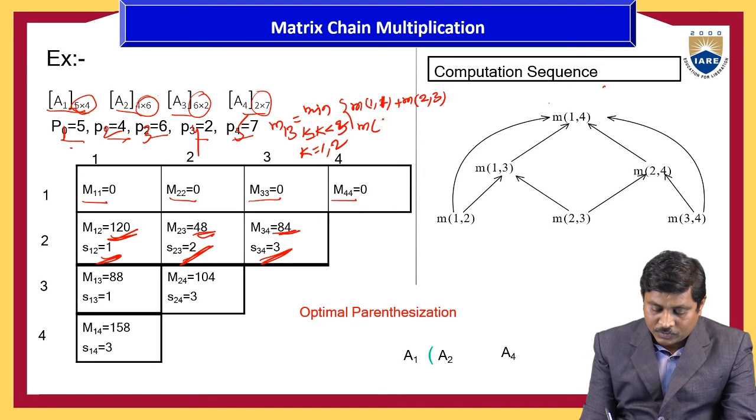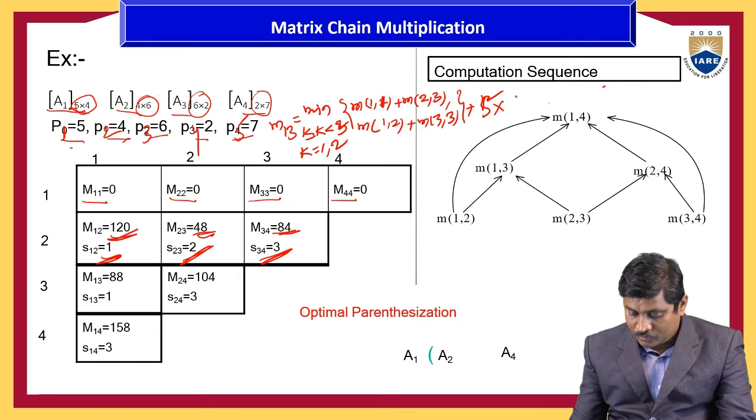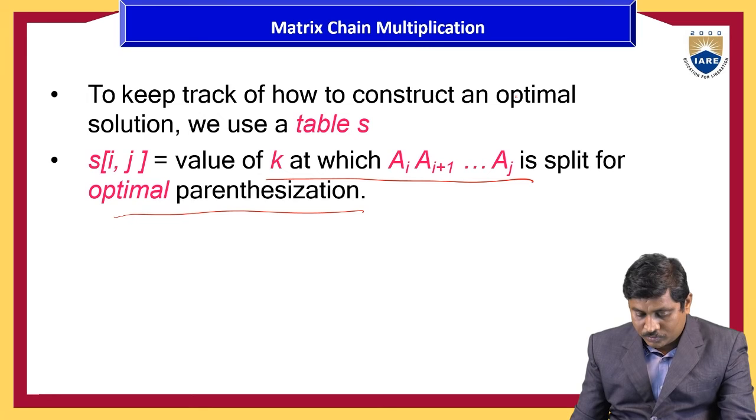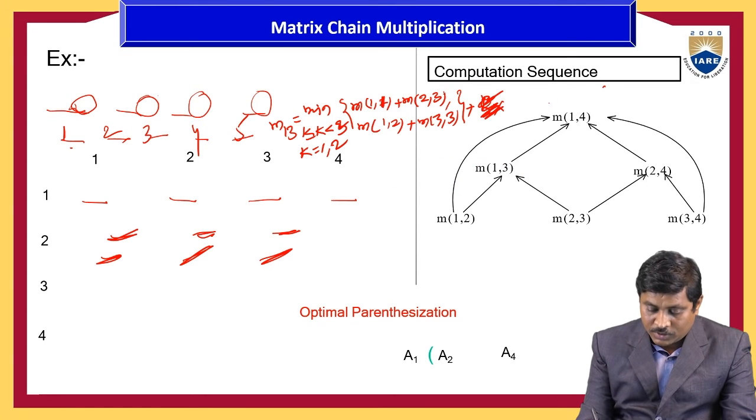M of 1,1 plus M of 2,3, plus P1 into P2 into P4, where Pi means P1, which is 5.